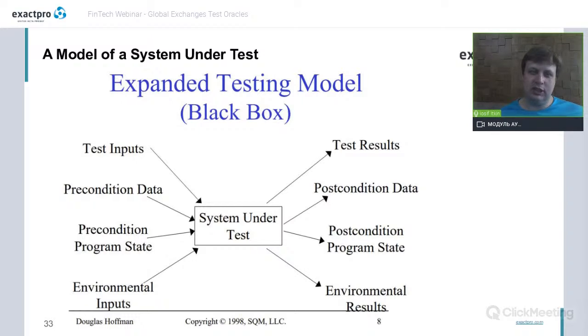Test inputs and test results are also interesting in a sense that apart from the test inputs that we have in mind, there might be other things going into the system outside of our knowledge, because most systems are complex and they might affect the test results. And environment inputs: the system under test exists somewhere. There is a version of operating system. There is a particular set of hardware and many other things that can also affect the system under test.